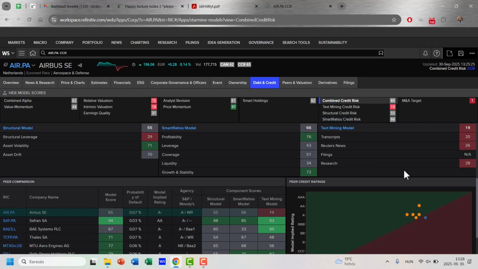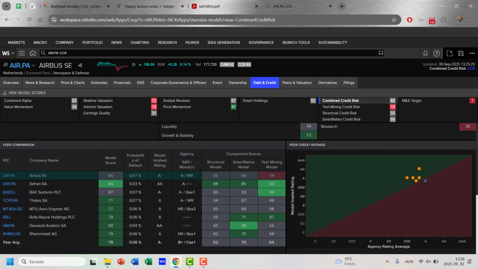And also in case of publicly listed companies, we have asset volatility, asset drift, so other market-related variables can be included, because obviously the market is not completely efficient or highly efficient, but still a lot of information is already built into the data, so that's why we can see how things are reacting in case of pricing. And also competition is rated here, so we can compare them.